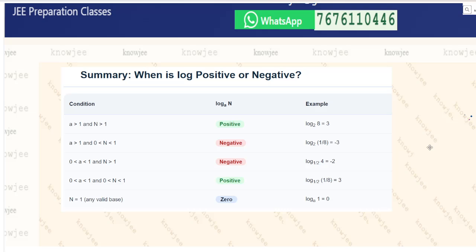When n is greater than 1, but the base is less than 1 and greater than 0, then log is negative. When both n and base a are less than 1 and greater than 0, in that case log is positive. And when n is equal to 1, for any valid base, the value is always 0.